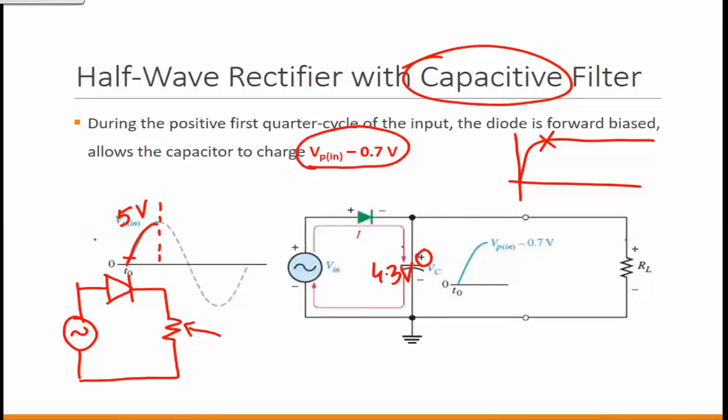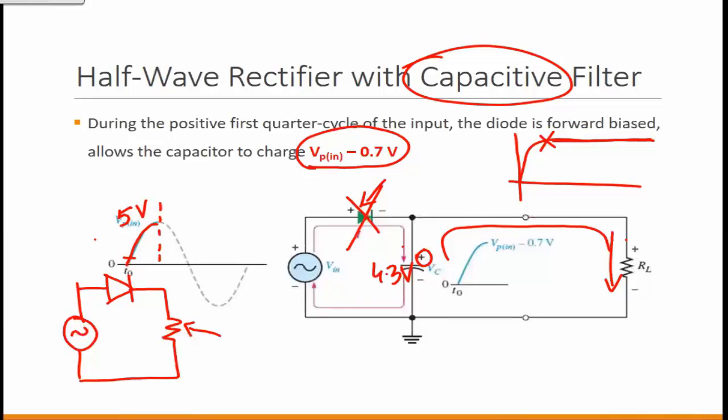There is only one way it can discharge, through the resistor. But when it is going to discharge, the diode becomes reverse biased. So when this diode becomes reverse biased, it's not going to charge anymore. The only thing the capacitor can do is discharge. But the question is, how much voltage do we want it to discharge if we want to maintain that 4.3 volts?